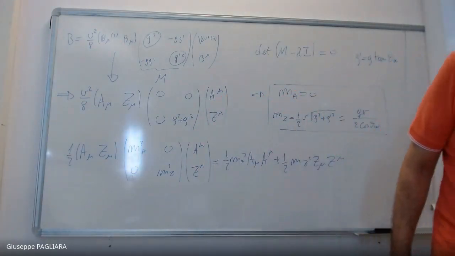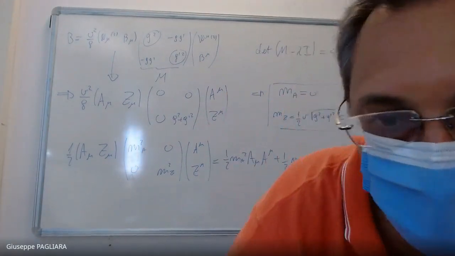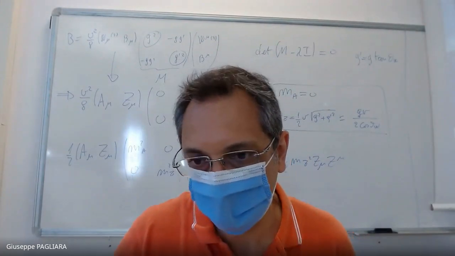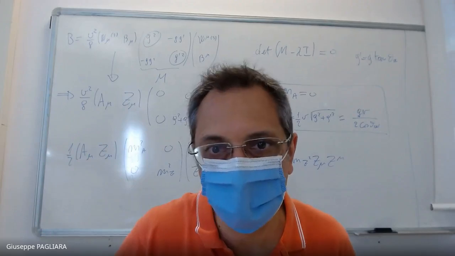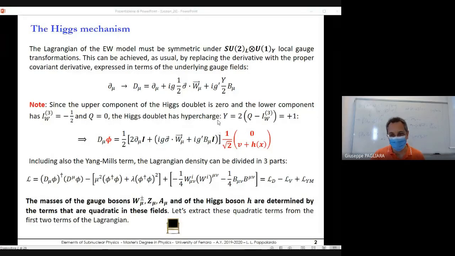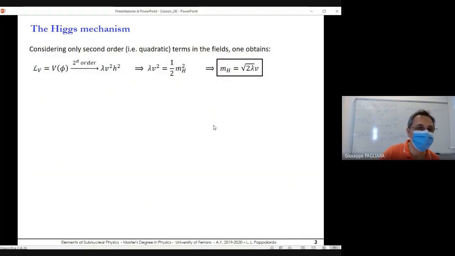Before making the break, let me summarize these results on the slides. So I'll just summarize what we have seen on the blackboard. Considering everything at second order, so quadratic terms in the field, one obtains from the potential energy term of the Lagrangian the mass of the Higgs boson, square root of 2 lambda times v.